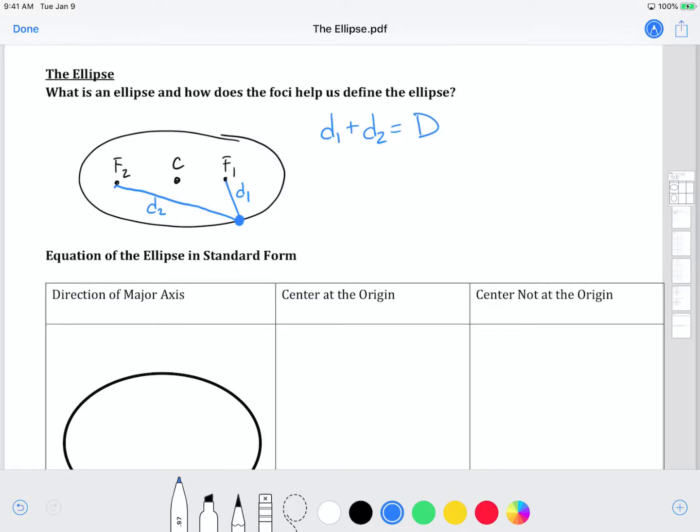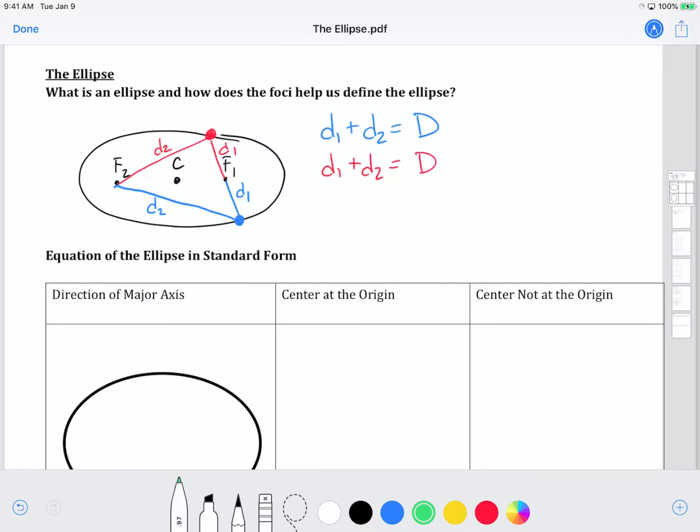We'll call it D. Then if I take another point on the ellipse, let's say I take this point right here, and I take the distance from that new point to the first focus point and then to the second focus point, and I add up those distances, it's going to give us the same distance D.